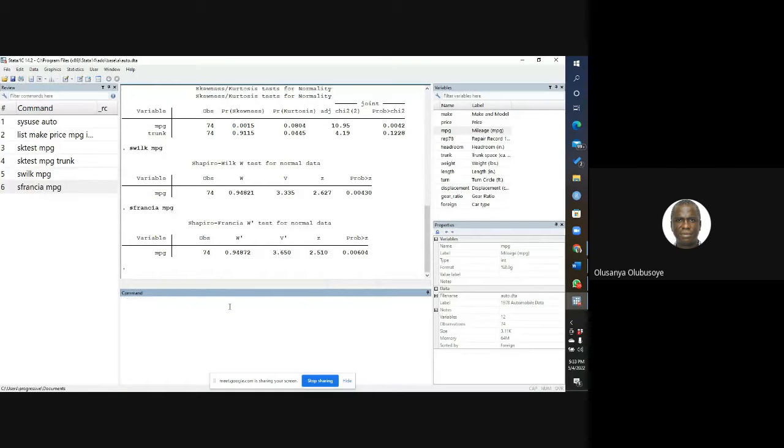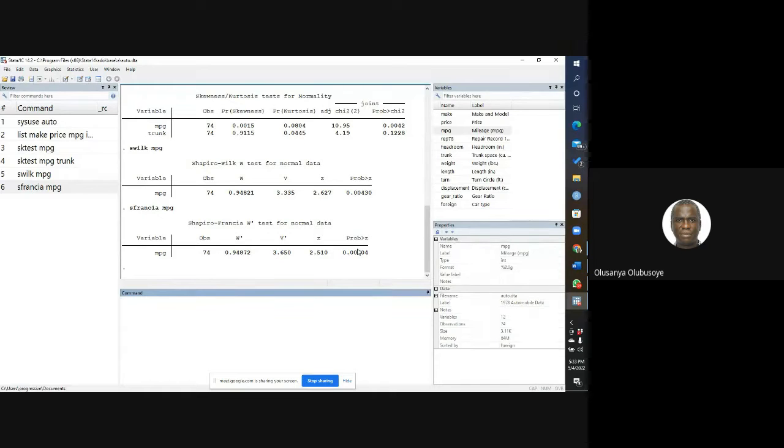Francia test. You will see the test also agrees that this MPG is not normally distributed, as the p-value is much smaller than the alpha value.